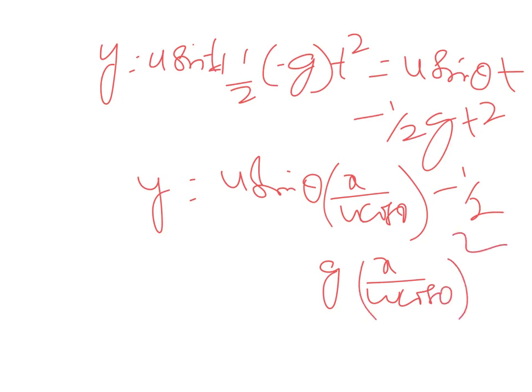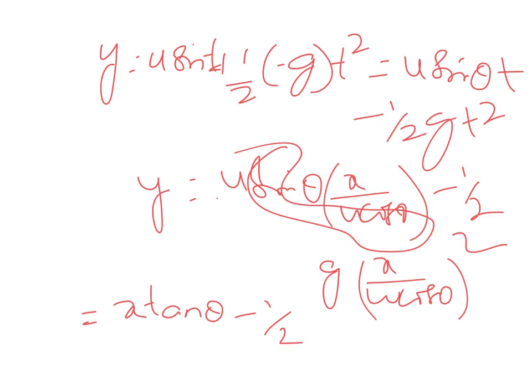This is equal to x tan theta minus half g into x by u cos theta whole square. The reason I write x tan theta is that u sin theta by u cos theta is tan theta. So that is how we get the motion along the vertical direction.